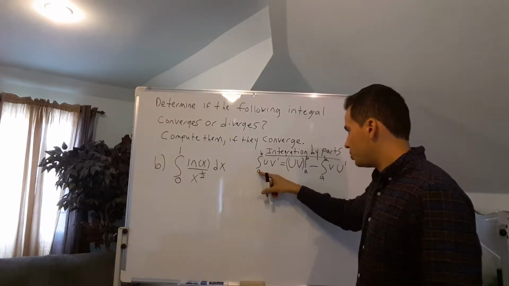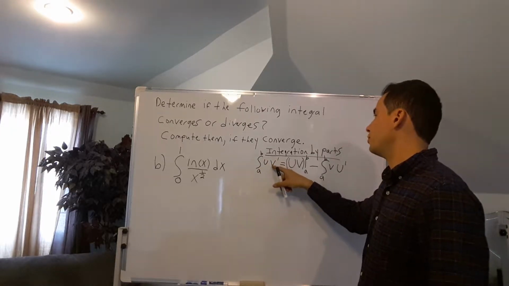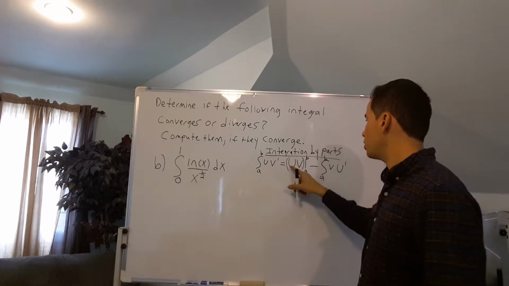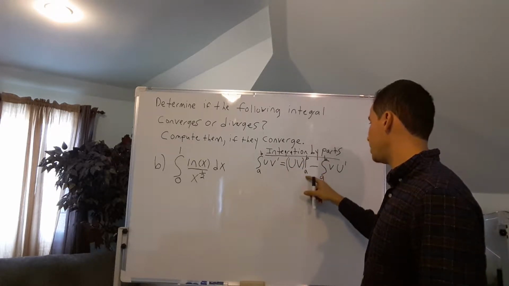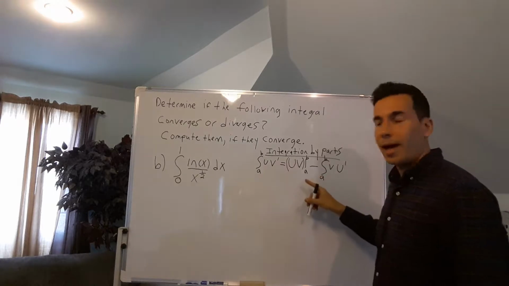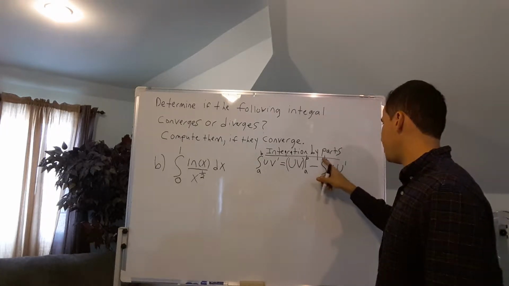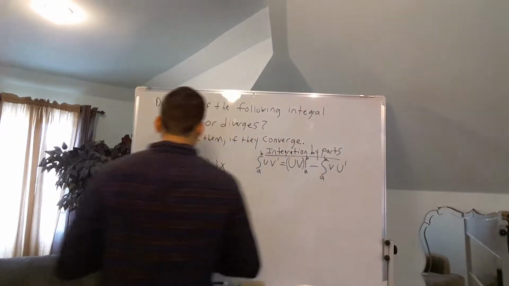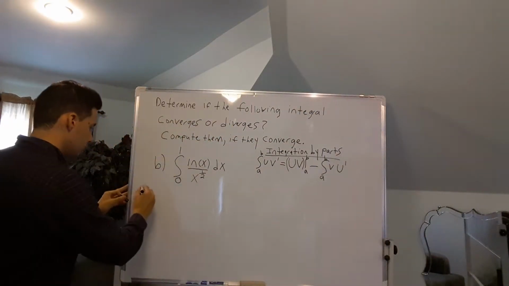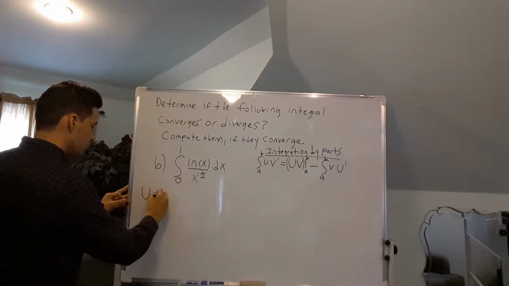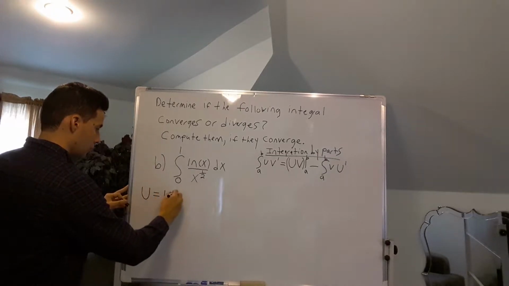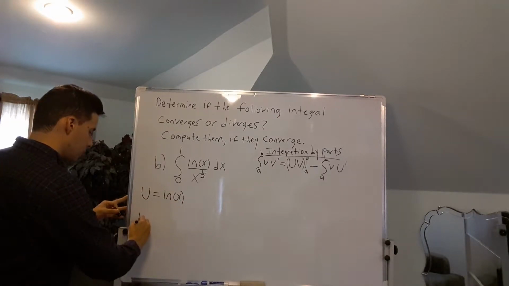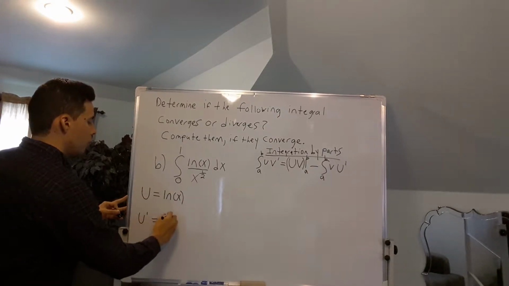When you want to integrate between a and b of u times the derivative of v, it's going to equal u times v evaluated between a and b minus the integral between a and b of v times u prime. So let's call ln x u, and u prime, the derivative of that, is going to be 1 over x.